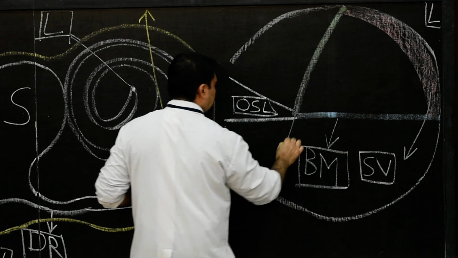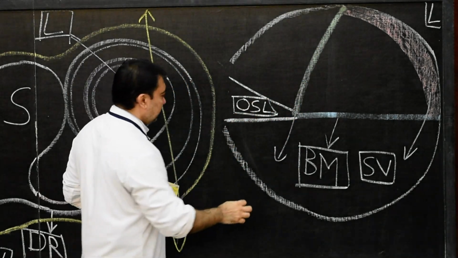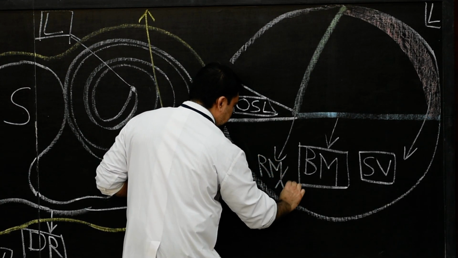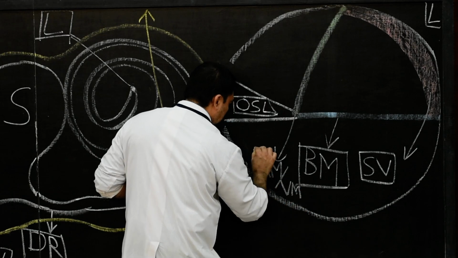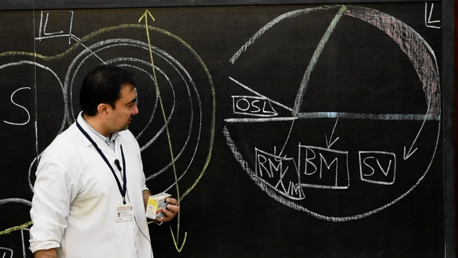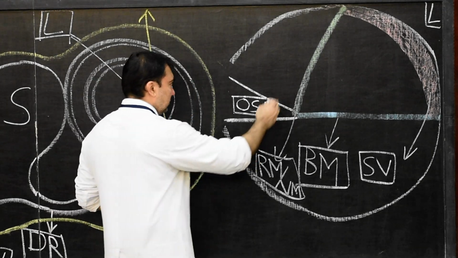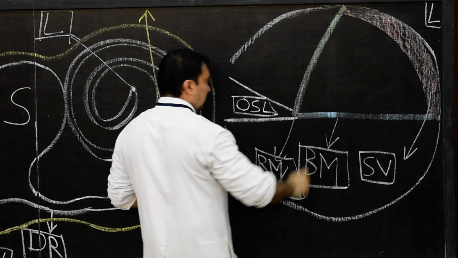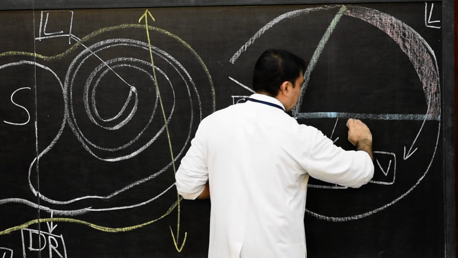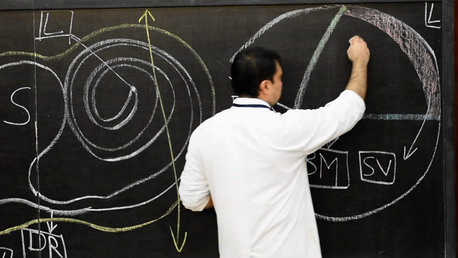And this membrane which is forming the medial wall we mark as Reissner's membrane or vestibular membrane. Now all the three are often asked in MCQs or Vivas or 1 mark questions. So Reissner's membrane or vestibular membrane will form the medial wall. Similarly, the basilar membrane will form the lower base, and the lateral wall is formed by stria vascularis.